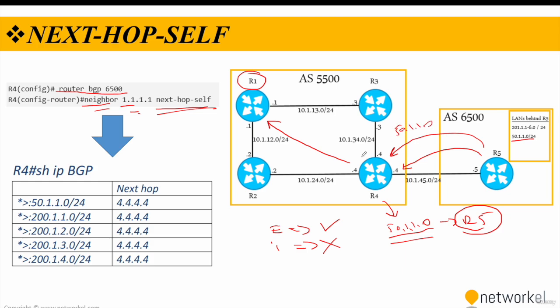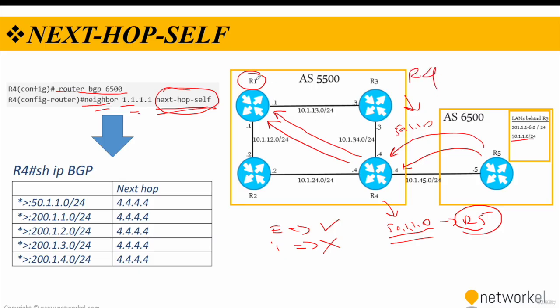This time when I'm advertising it to my router 1, I am saying to router 1 that the next hop for this subnet is myself. It is router 4.